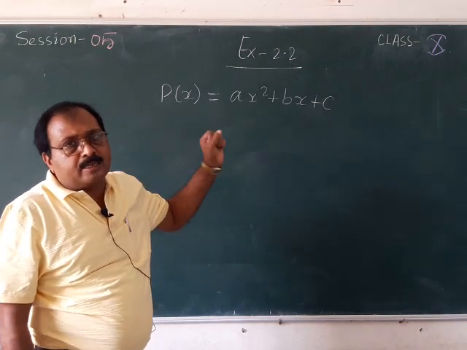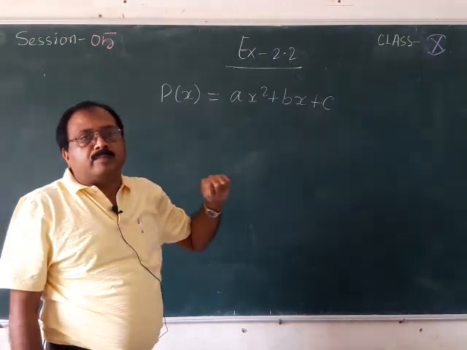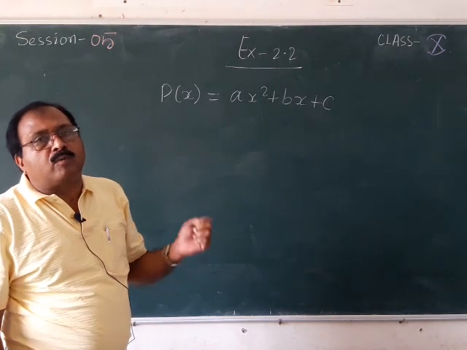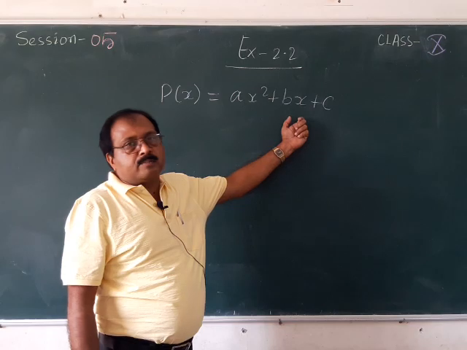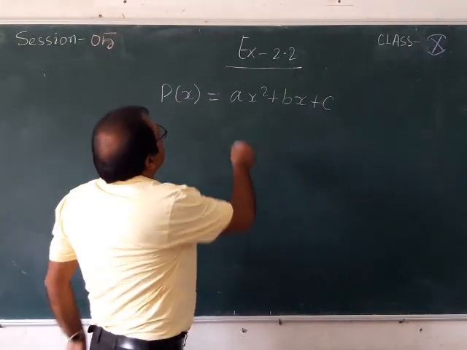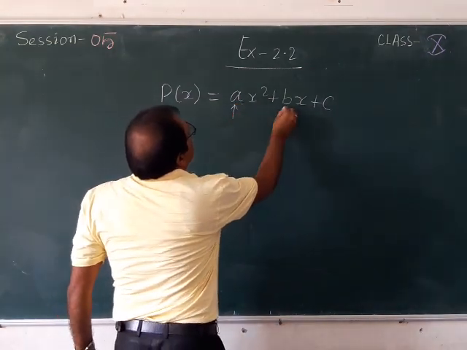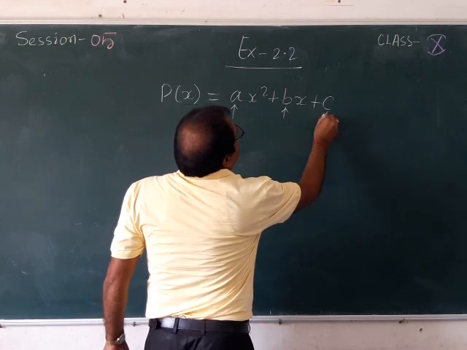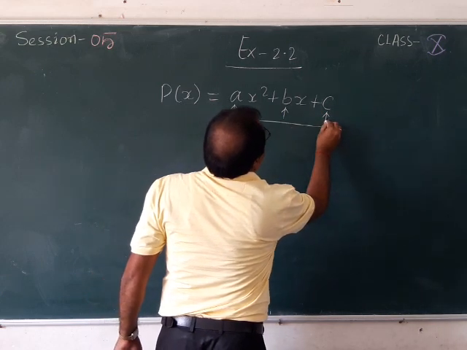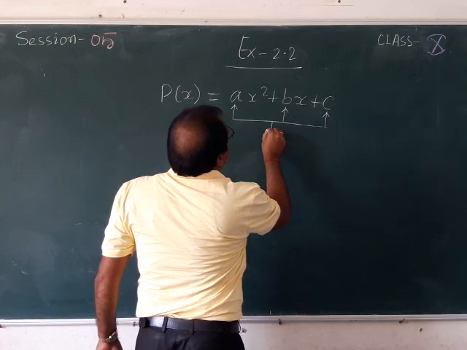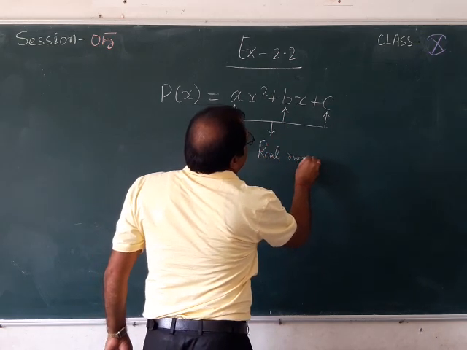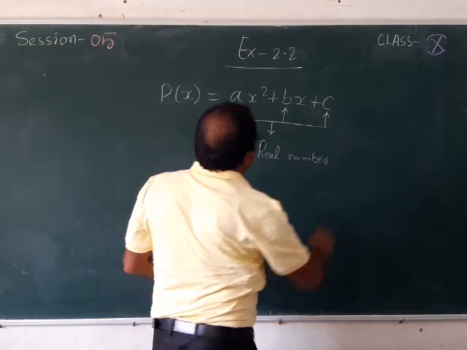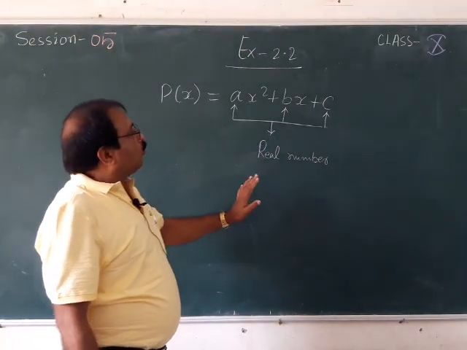If anybody asks you what the standard form of a quadratic polynomial is, your answer should be ax square plus bx plus c, where a, b and c are real numbers. These are real numbers, which means any number is possible for these. There is no problem.